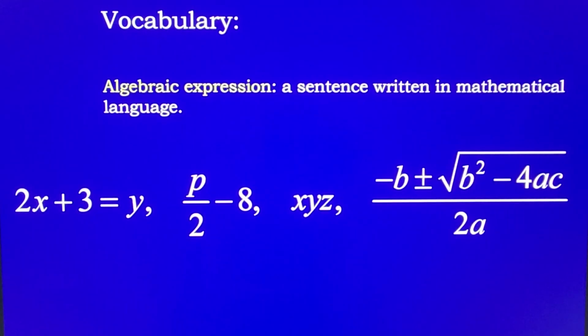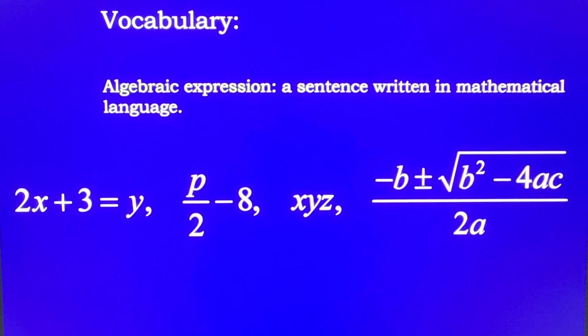And negative b plus or minus the square root of b squared minus 4ac is also called a mathematical expression. Note that in the very first example, 2x plus 3 equals y, that expression is also called an equation because it contains the equal sign.